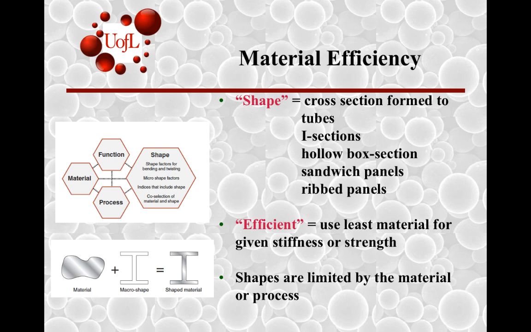So what we are talking about is that these shape efficiency factors that we want to introduce are going to have an upper bound for various processes and materials. Let's build off from that.